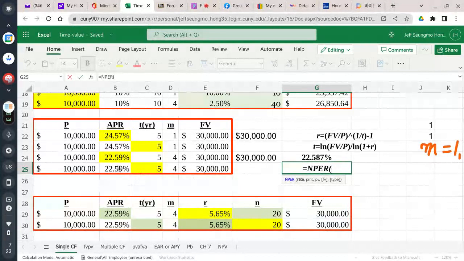If you click it in like that, no, you're wrong. You have to make that adjustment because it's quarterly. After rate, there's no payment, because this is a single cash flow. So we skip it, but you got to give it one comma so that that placeholder is respected.